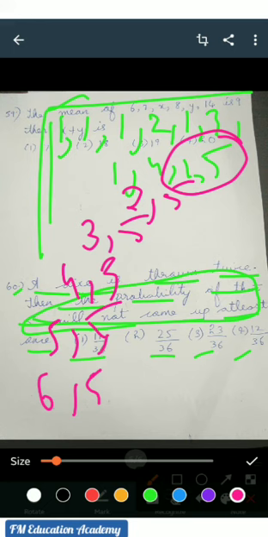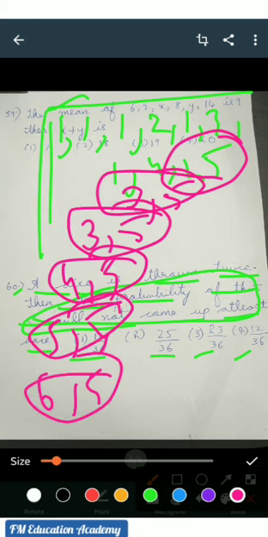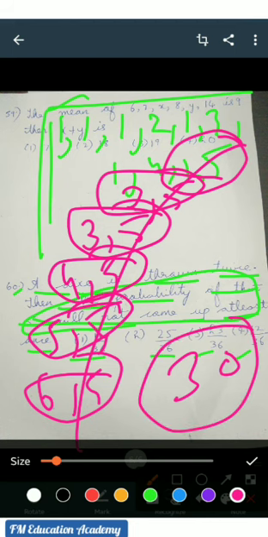This is the sample space. So 1, 2, 3, 4, 5, 6. Subtract 6 from 36, because total outcomes are 6 power 2, that is 36, right? So 36 minus 6 is 30. So 30 are the number of favourable outcomes.